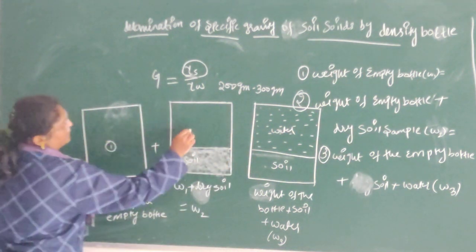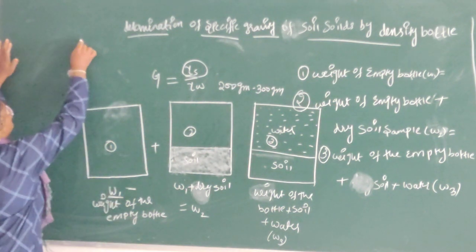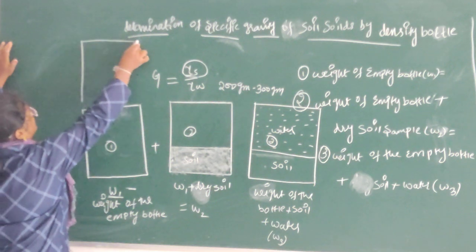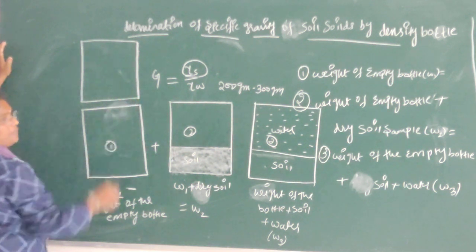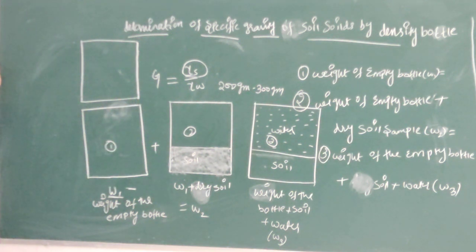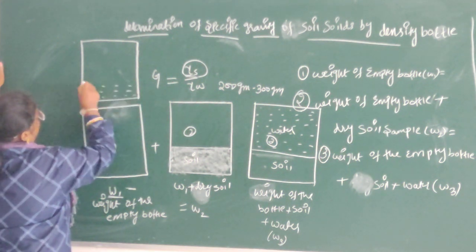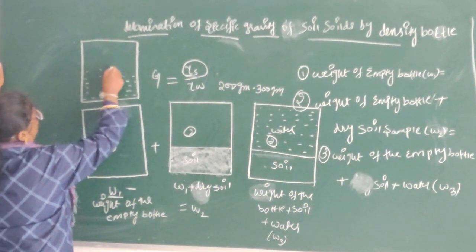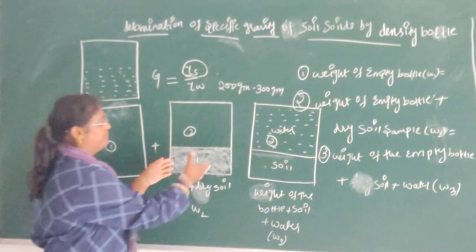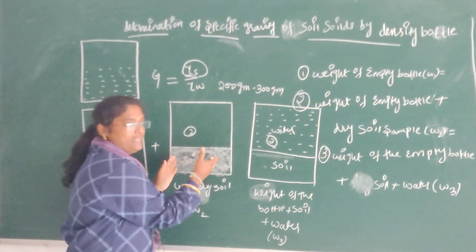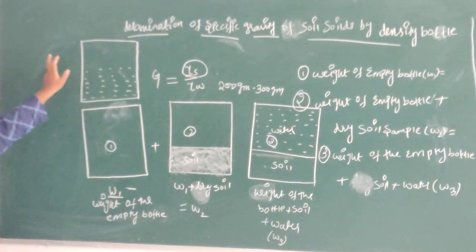Now the last step. This is the first one, second one, third one, fourth step. In the fourth step, you have to empty your bottle and clean it properly, then fill it with water; the complete bottle should be filled with water. The concept of using complete water is that whenever you mix the soil with the water, the weight of this part of soil that you replace with water will be equal to the volume of the water which you have taken here.